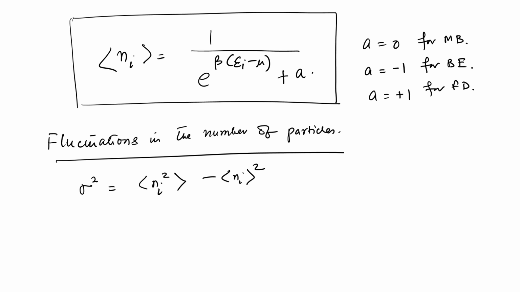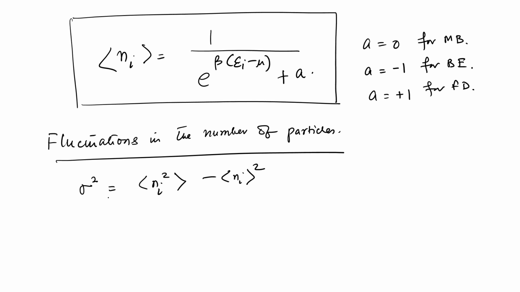Now, we just got Ni average for all these distributions, but getting Ni square average is not a difficulty. You just have to take a double derivative with respect to epsilon I of those distribution functions, and let us just do it in the grand canonical distribution.